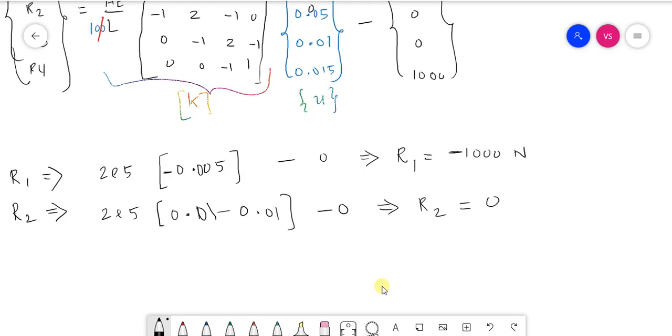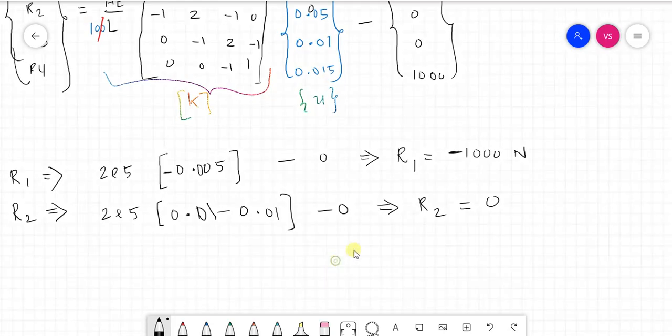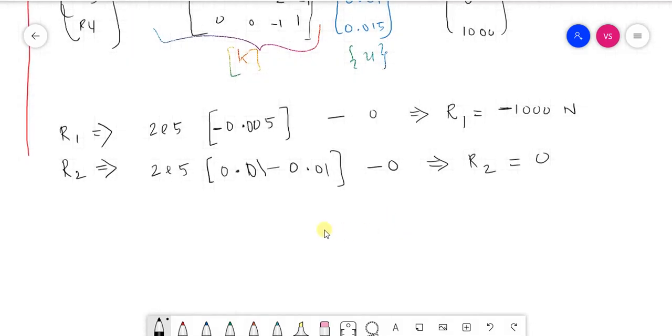This is what we expected. You can check R3 and R4 also in the same way, and you will find that you will get 0, which must be the case because they were free to move. These nodes 2, 3, 4 were free to move. They should not produce any reactions.